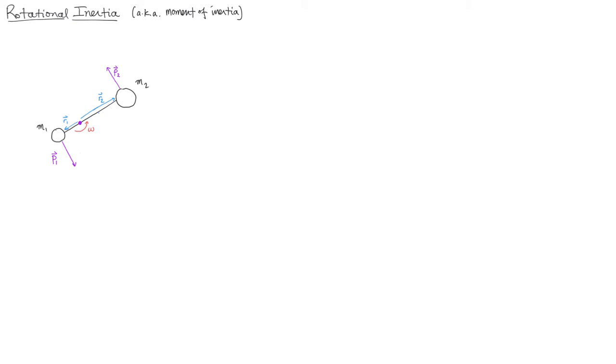So how do we write down the angular momentum of this system? Well, we can sum up the vector angular momenta for each of these two particles, L1 and L2. First of all, let's figure out what direction these angular momenta are pointing. If we do the right-hand rule of R1 cross P1, that gives us an angular momentum vector that's out of the page.